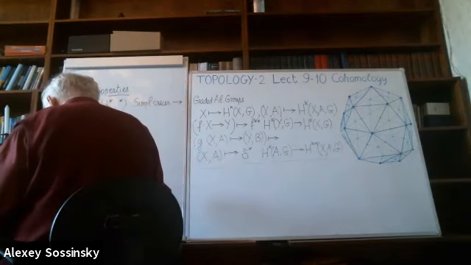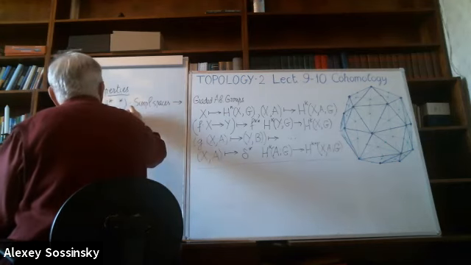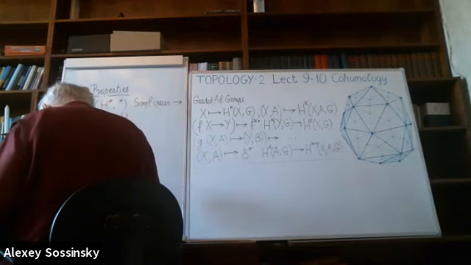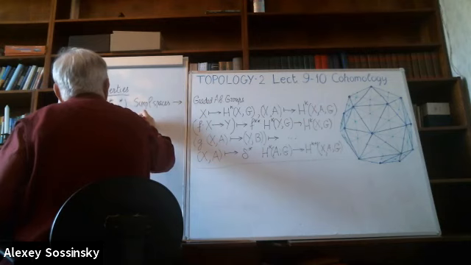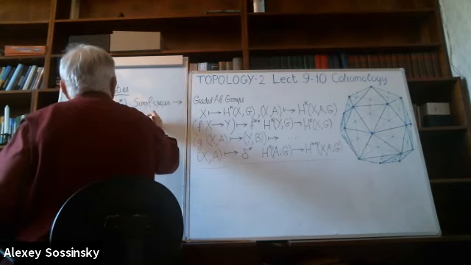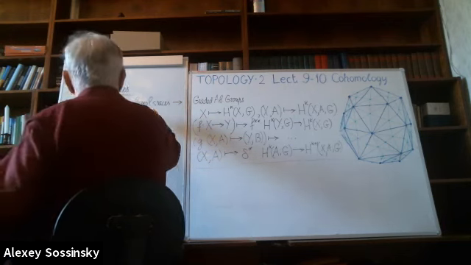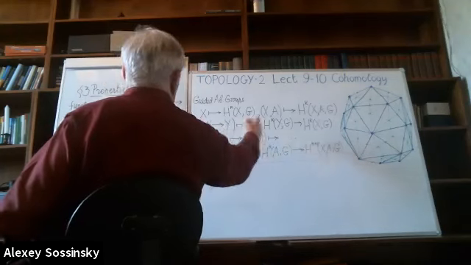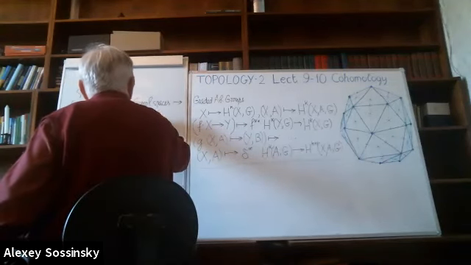And it says that H zero of a point with coefficients in G is equal to G. I will stop writing G in all these formulas for simplicity.